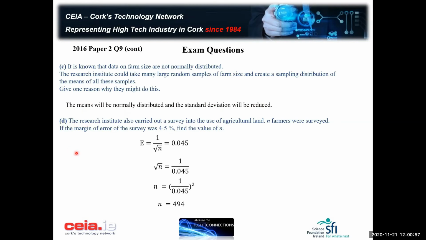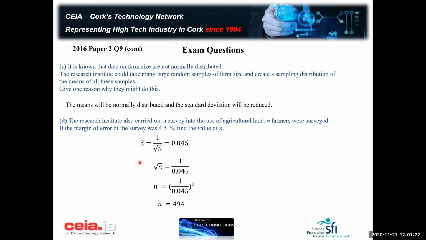Part D. Here, they're telling you the margin of error and asking you to find the size of the sample. You don't have much information here because all you have is the margin of error.